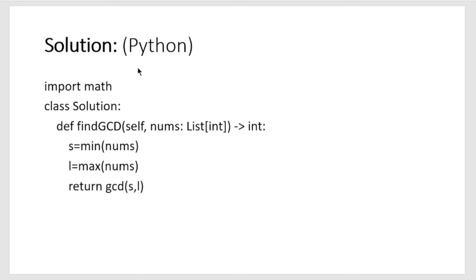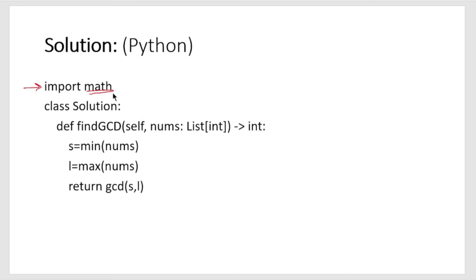So in Python, here is the simplest solution using functions. And one thing we need to definitely do is import the math library. In Python, the math library is very useful, with default library functions like min, max, gcd, all the trigonometric functions, and everything else.